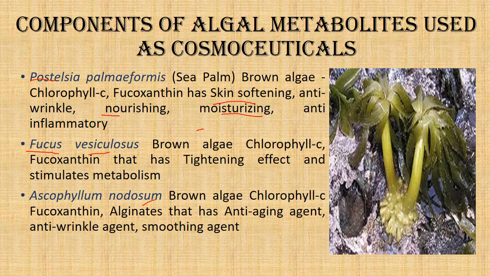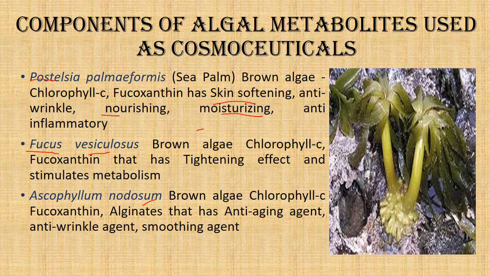Then the next is Ascophyllum nodosum, which is a brown algae, and it goes by the names of Norwegian kelp, knotted kelp, egg wrack or knotted weed. It is also a very good source of alginate, and it is used traditionally as a source of fertilizer and as human food.